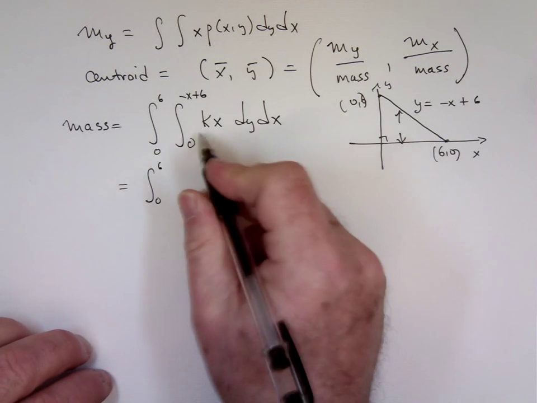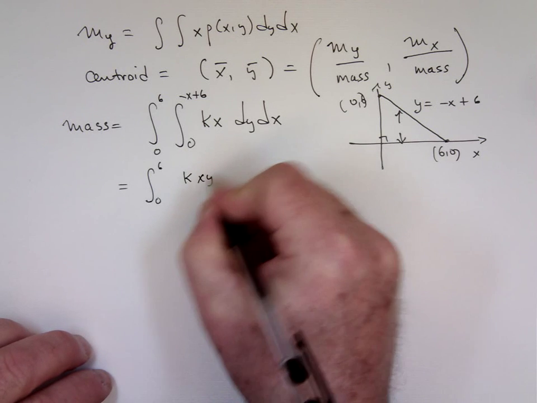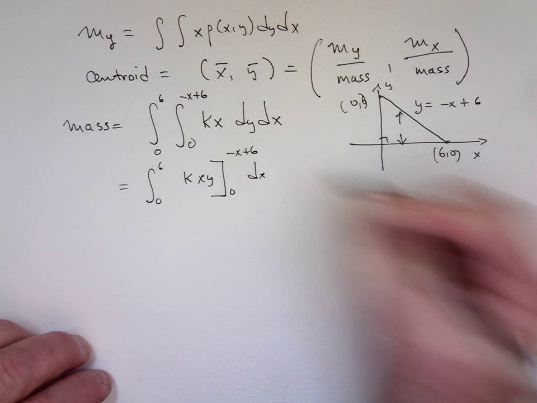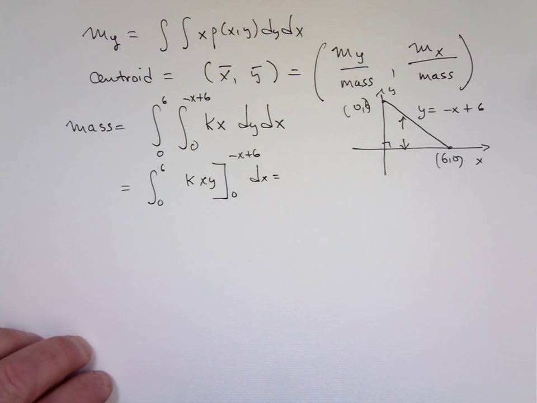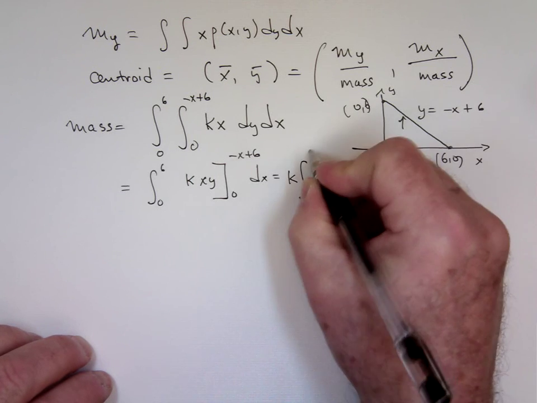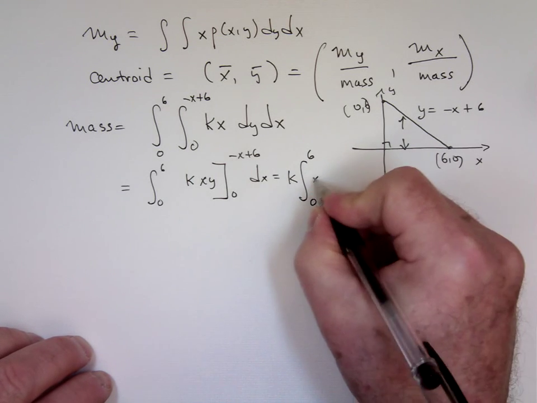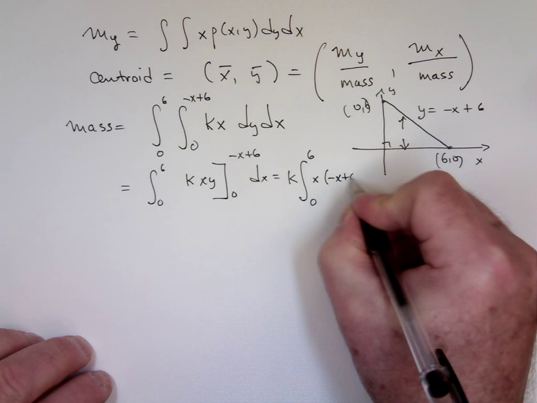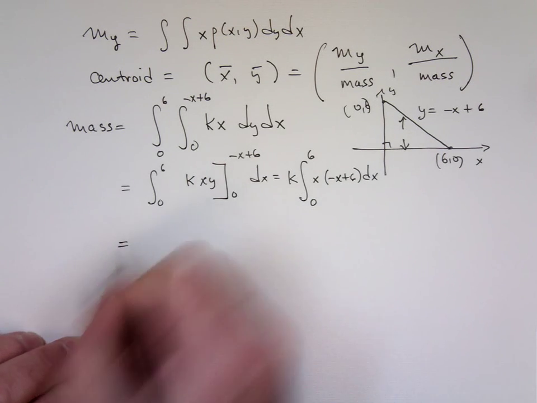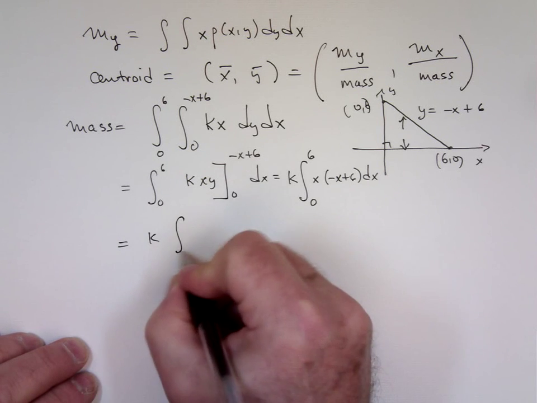Integrate that, kxy. Substitute in. I can take the k out front. That's a constant. Substitute in for y, the opposite of x plus 6. That's k, 0 to 6.